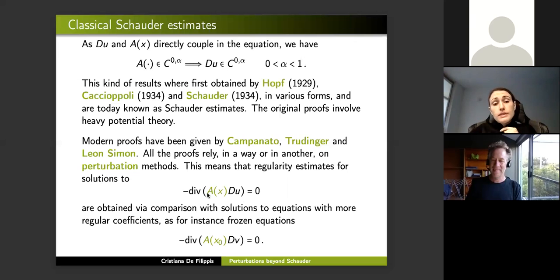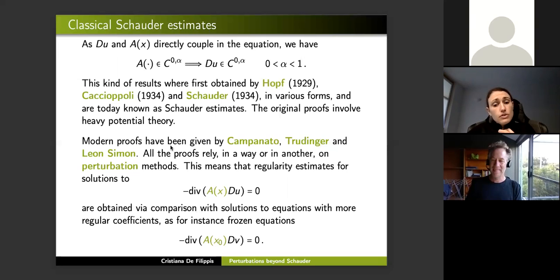However, what wasn't taken seriously into account is that asking for Hölder continuity of the coefficients means that the oscillation of the coefficient itself can be quantified and can moreover be interpreted as a way of measuring distances between the solution of your original equation and its lifting, the solution of the frozen equation at a certain point.